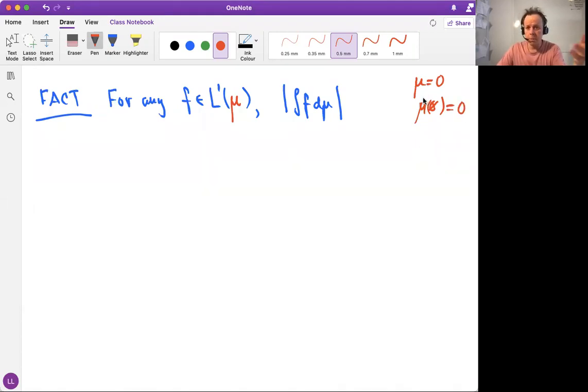Well, when you add zeros, you always get zeros, so it's countably additive as well. So this is a measure, and for this measure everything is integrable, of course. The L1 for the zero measure trivially contains all the measurable functions.